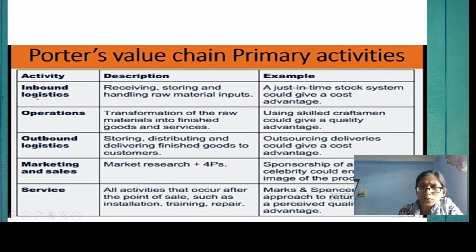Porter's value chain primary activities. These are some of the activities which we have discussed. So what can be done?